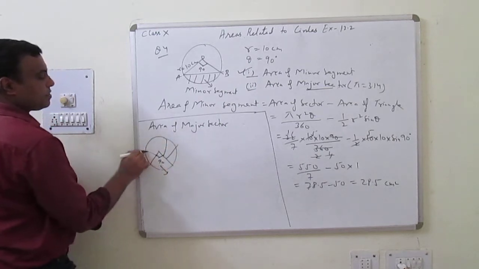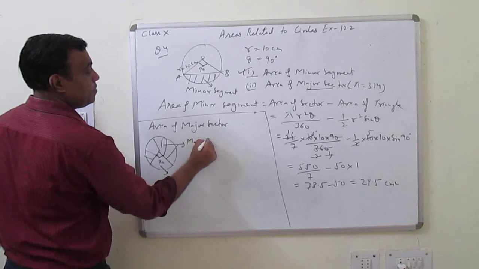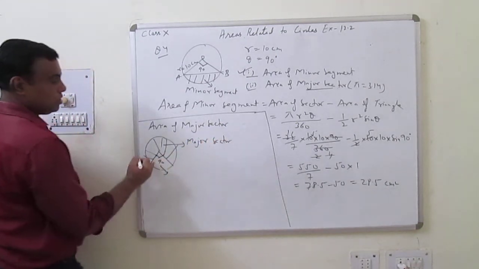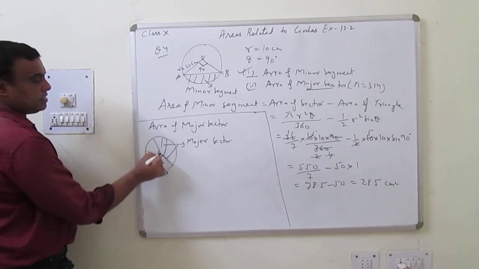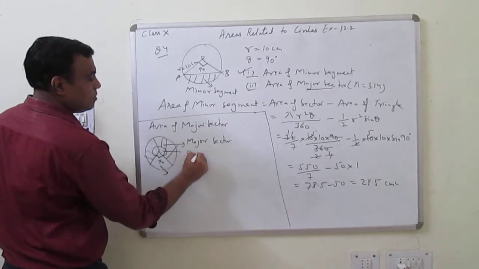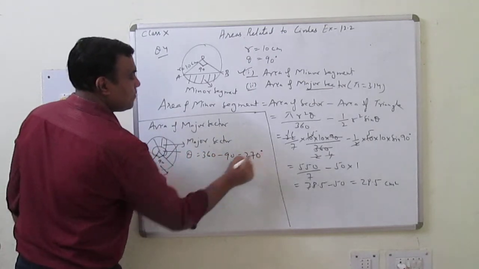This is the major sector. See in the figure, this is the major sector. So this is 90 and the complete angle is 360. So what is the angle of the major sector? This theta is 360 minus 90, that is 270 degrees.